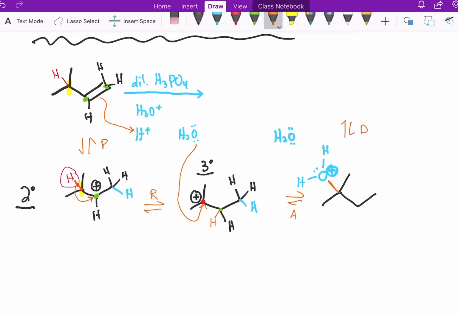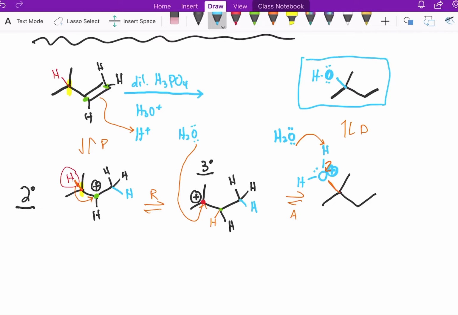One of these lone pairs is going to form a new bond to the H. That bond is going to become a lone pair on the O. So if we look at what we have here, we now have our carbons, another carbon here, and we have our single bond to an OH. And that OH now has 2 lone pairs.